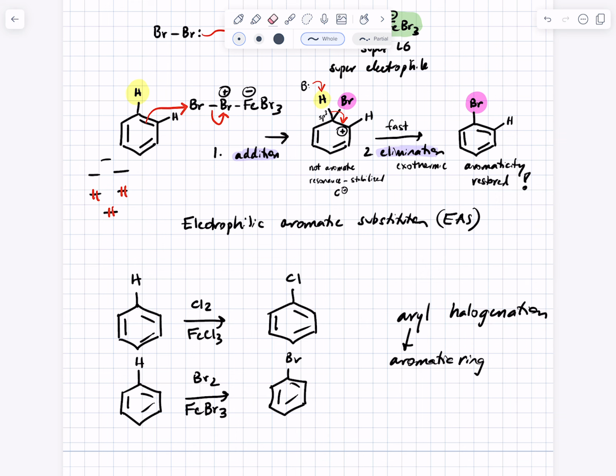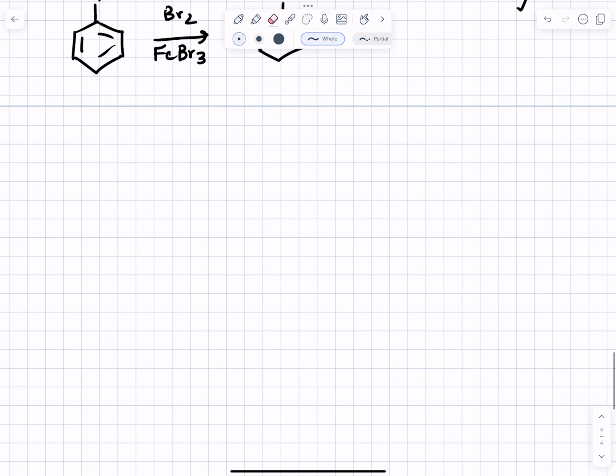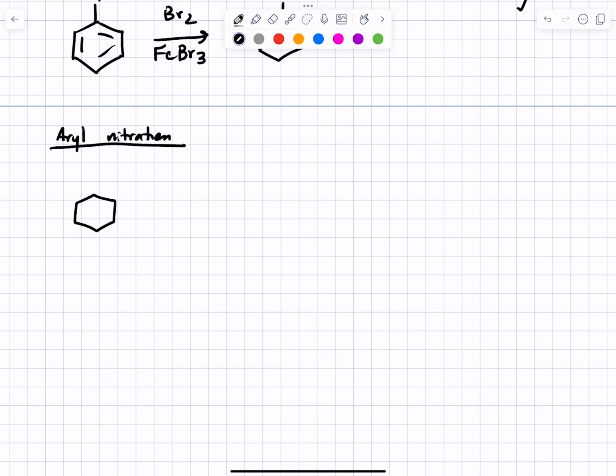All right, well, we're going to do more. There's about 5 new basic reactions and then some others beyond that, but sort of 5 new electrophilic aromatic substitution reactions. The next one we're going to talk about is called aryl nitration, and this is going to be attaching a nitro group to a benzene ring. So you will start with, again, a benzene ring.